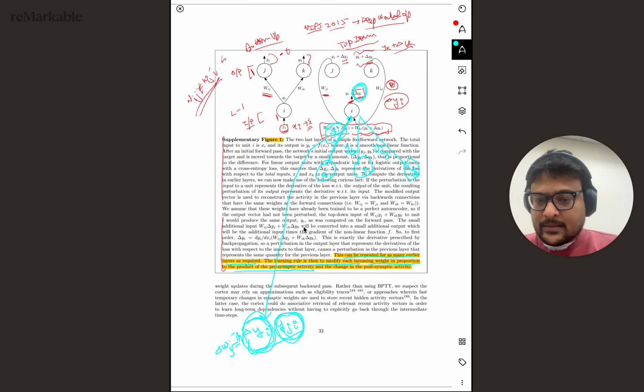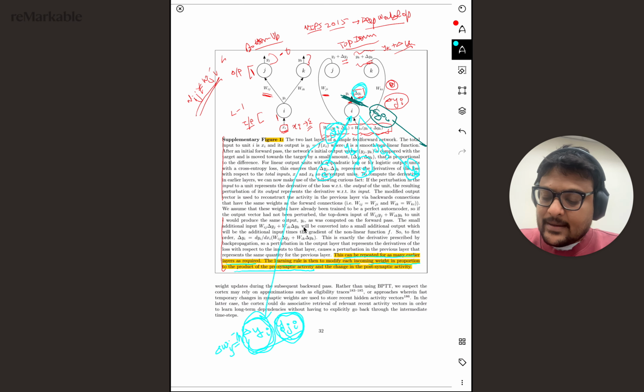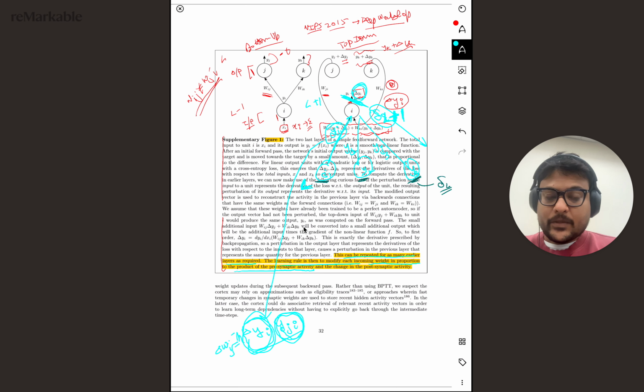And the key point is that after you have done this, you have an error signal at this point, which is del i. Let's say this is layer L plus 1, and this is layer L. So you have an error signal at this point, which is del L plus 1, and you need a way to calculate the gradient, the error signal at these locations, which is del L. So how do you calculate del L from del L plus 1?